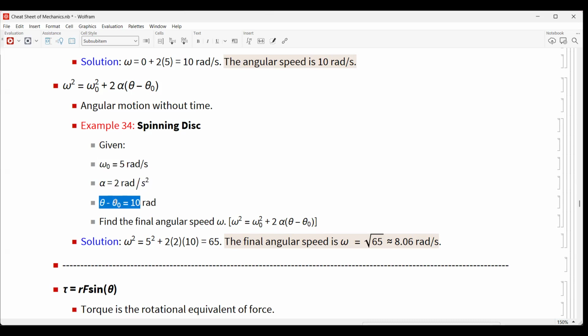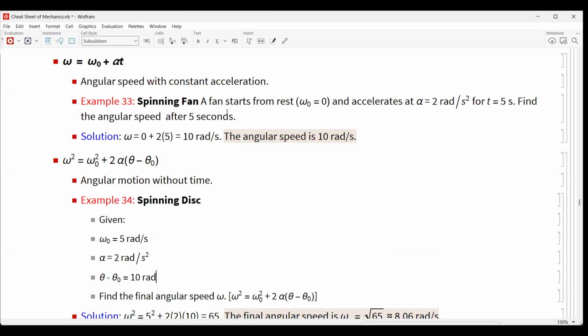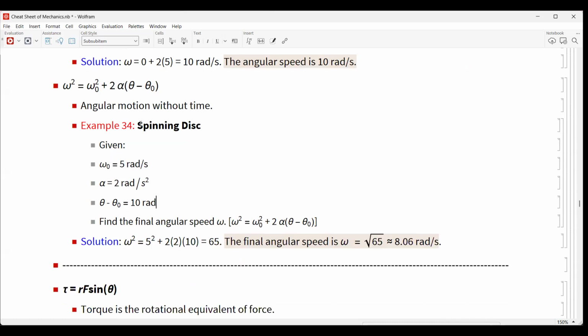The change in displacement is 10 radians. So this is angular displacement, 10 radians, because the initial displacement is equal to zero here. Okay, so find the angular speed.